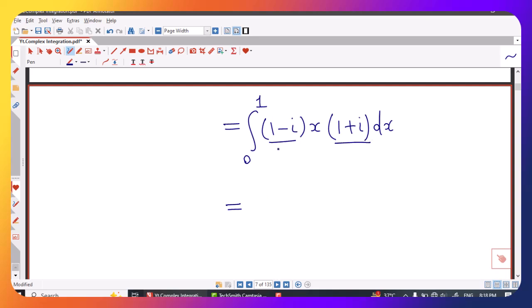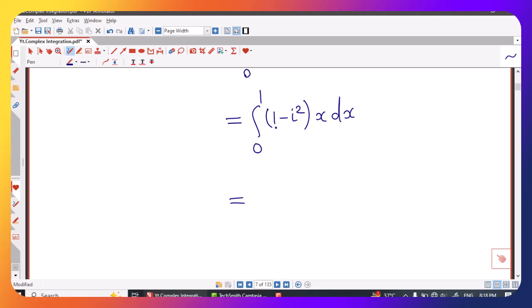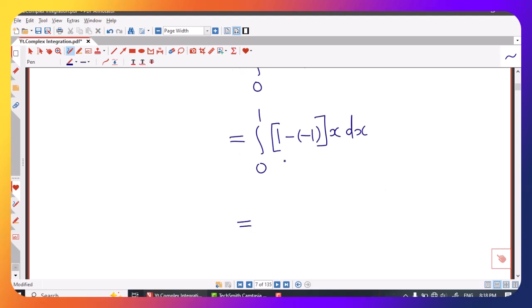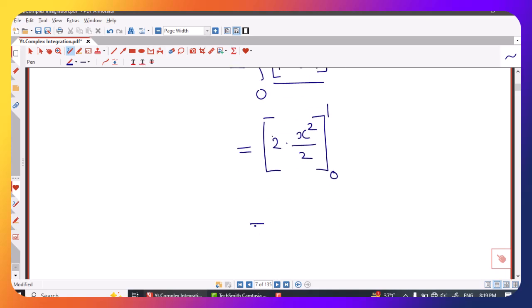We know that these two are independent of x, so we can take them outside, or before that we can multiply them, and we will have 1 minus i into 1 plus i is 1 minus i square, times x dx. i square is minus 1, so this is 1 minus minus 1, that is going to be plus 1, or we can write one more step. i square is minus 1, integral of x with respect to x, and this becomes 2, and if we integrate x with respect to x, the integral is x square by 2, and limits of x are from 0 to 1. 2 will get cancelled and we are left with the integral from 0 to 1.